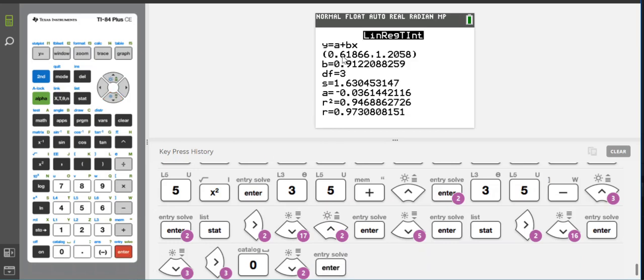And it lists this confidence interval for beta. It also tells me the A and the B, and it tells me the degrees of freedom, which is nice. And then it tells me what the A is and the B are. So 0.61866 is my lower beta, and my upper beta is 1.2058.